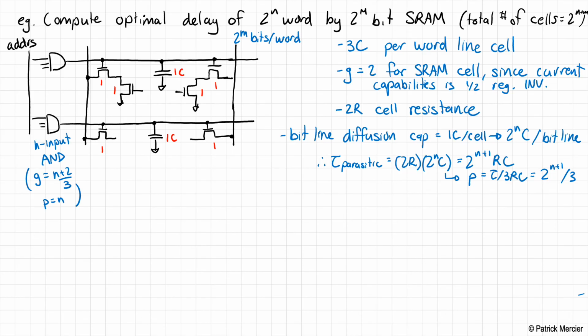So what we can do now, and I'm going to revert back to black now, is we can compute a few other things. We can compute G. What's the logical effort of the AND gate? It's n plus 2 over 3 times the logical effort of the SRAM cell, which is 2. Now the only thing we don't really truly have is the electrical effort.